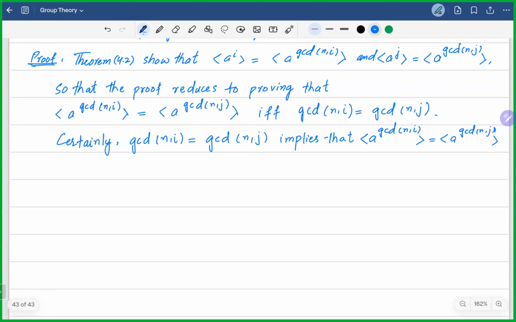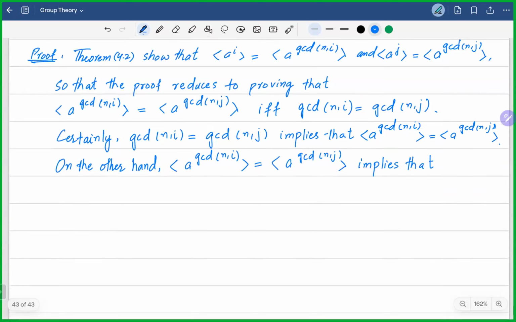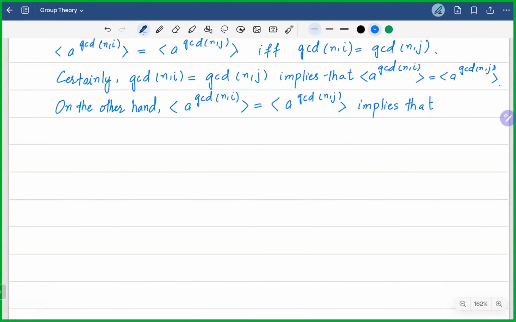So, on the other hand, the set generated by a^GCD(n,i) being equal to the set generated by a^GCD(n,j) implies that actually their orders are the same.